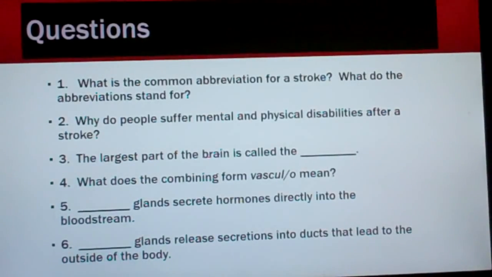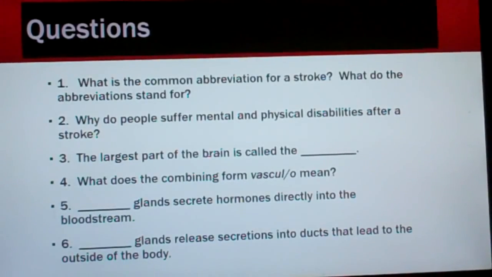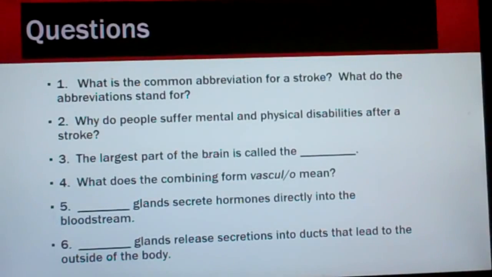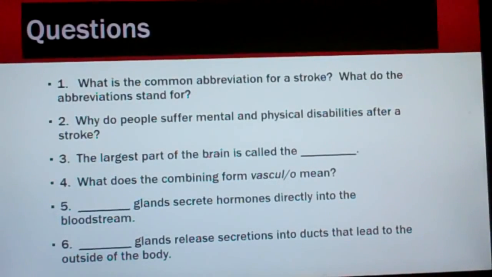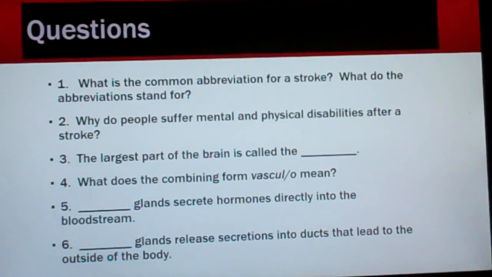Number 2, why do people suffer mental and physical disabilities after a stroke? Number 3, the largest part of the brain is called the blank.